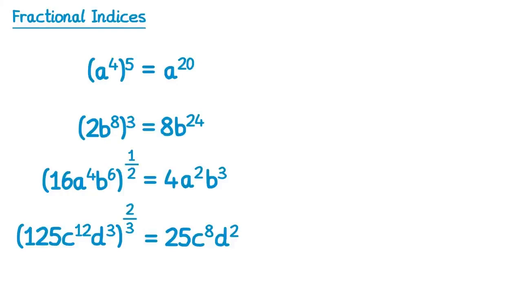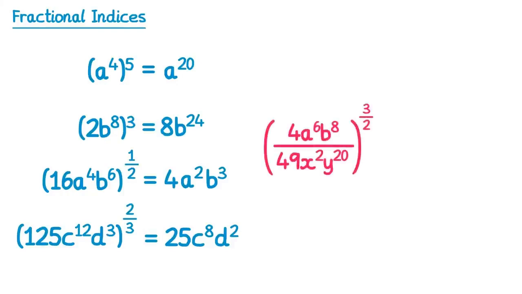You could even get a question that looks like this. At first it looks quite scary, but if you remember everything we've done in this video, we can break it down and do it. So first of all, we've got a fraction raised to a power. So we're going to raise the top to this power and the bottom to this power. So let's start by raising the top to the power 3 over 2.